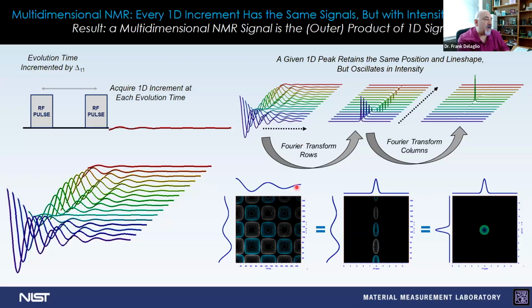When we use a Fourier transform to go between these time domain, interferogram and spectral spaces, there's no change in the information content. The time domain data has the same information as the interferogram and the same information as the spectrum. So that's important to keep in mind.